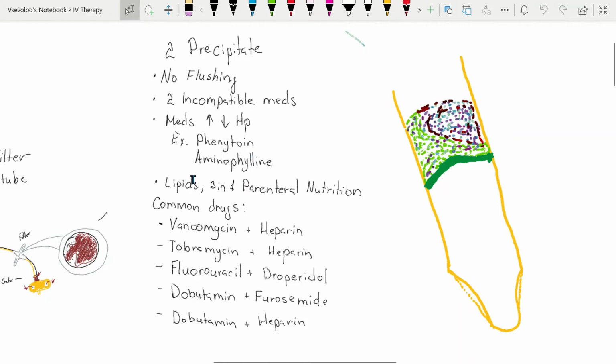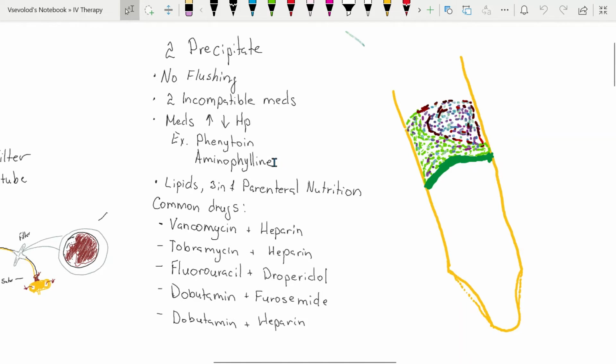Also infusion of lipids. Lipid emulsions cause occlusion by leaving a waxy buildup on the catheter wall. This is more likely to occur with 3-in-1 parenteral nutrition solution, which includes amino acids, dextrose, lipids, and additives in a single container.